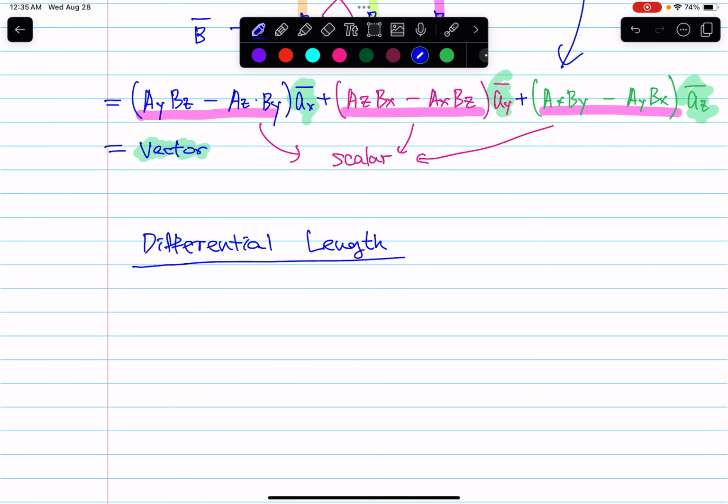If you have a line, not a straight line, just a random line, any line, that goes like this in XYZ coordinates.